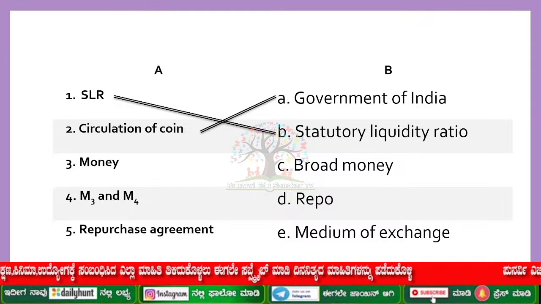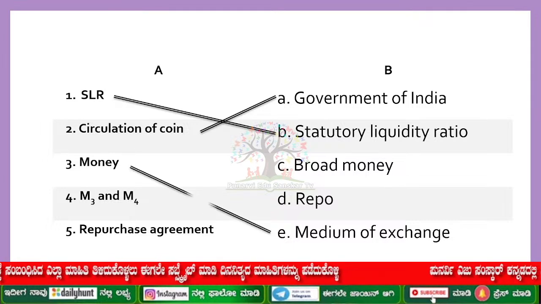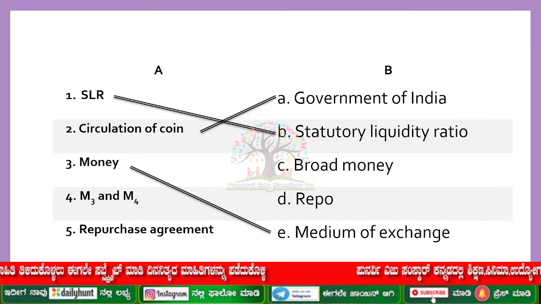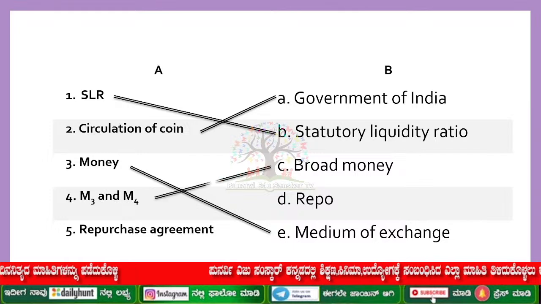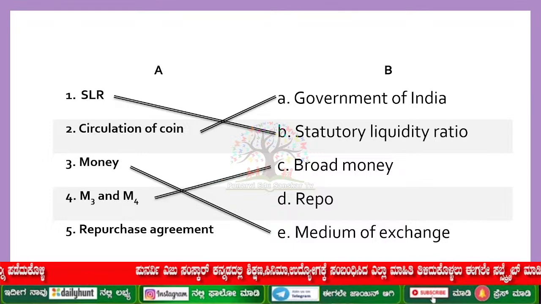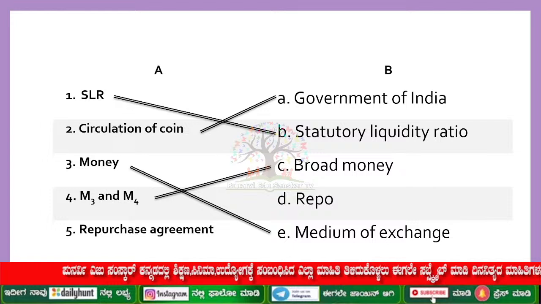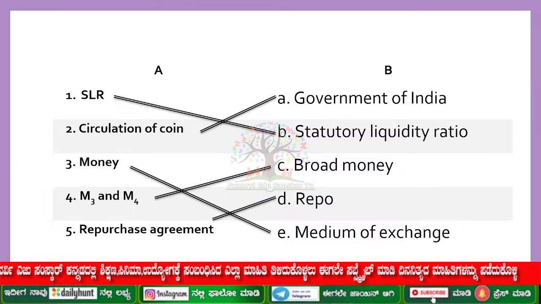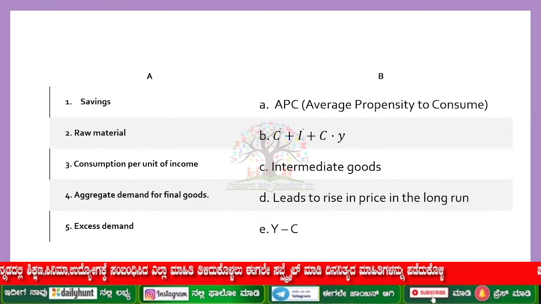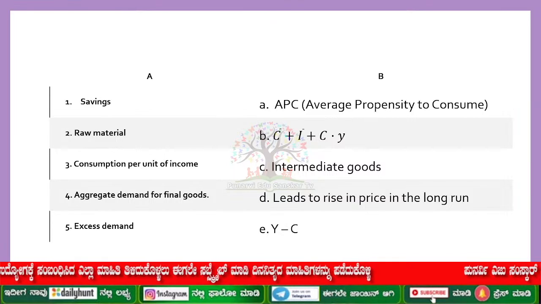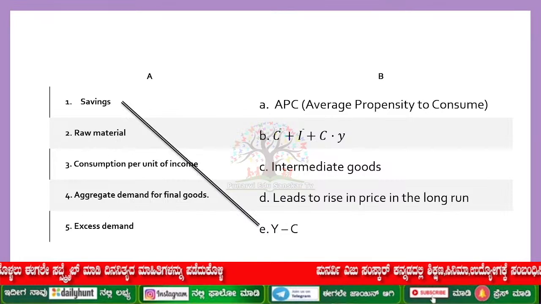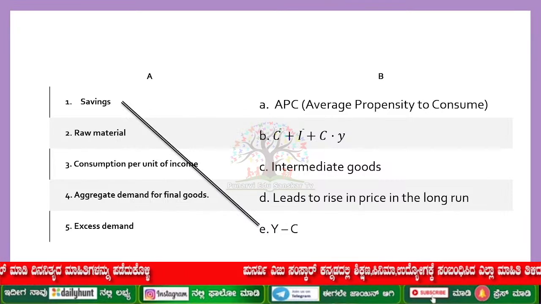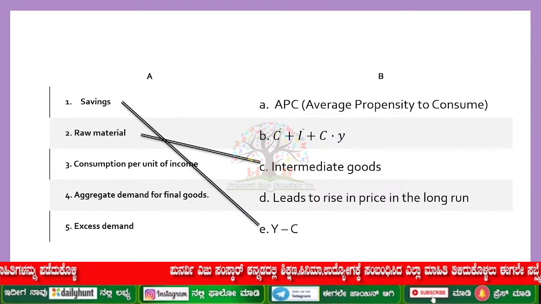Money, the main function of money is medium of exchange. M3, M4 are good examples of broad money. Repurchase agreement we call repo. Savings, that part of income which is not spent, that means Y minus C. Raw material, intermediate goods.